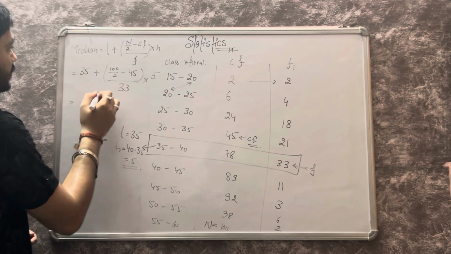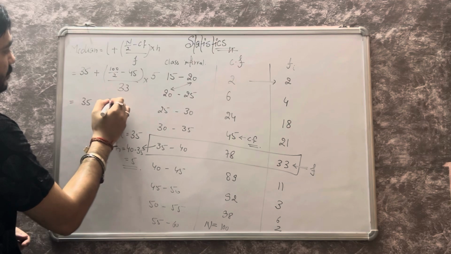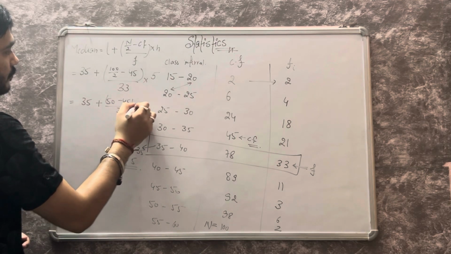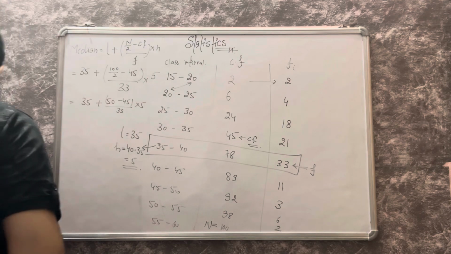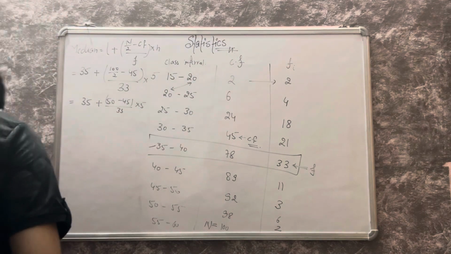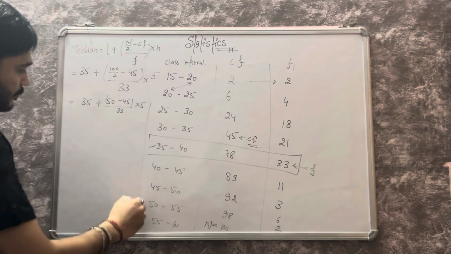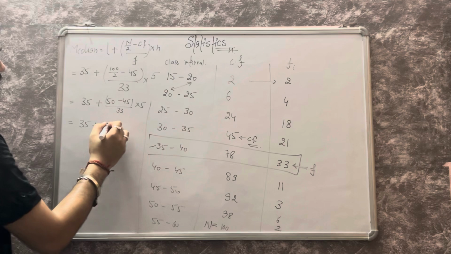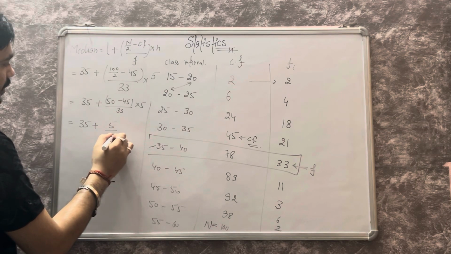35 plus 100 divided by 2 is 50 minus 45. They both are still in bracket and we have to solve this. Okay, 35 plus 50 minus 45 is 5 divided by 33.